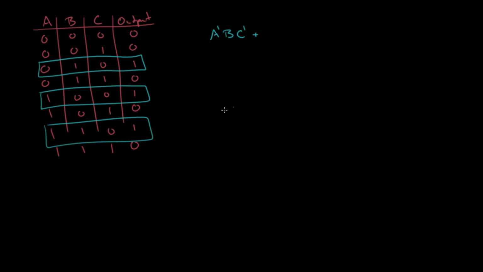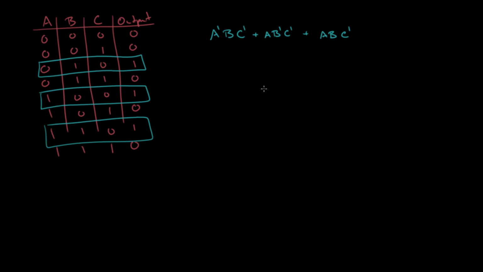Another way, I could have A be true, B be false, and C be false. Or I could have A be true, B be true, and then C be false. So those are my 3 options.